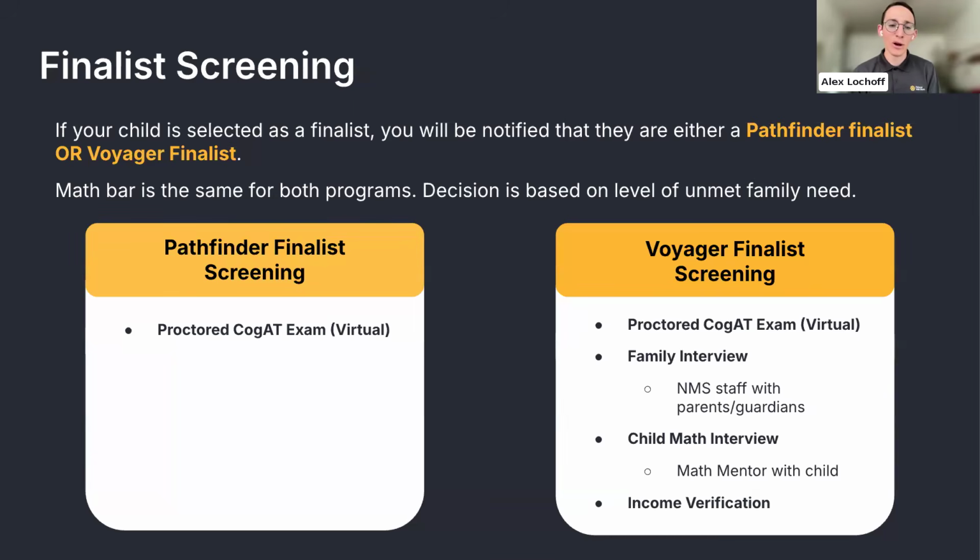We have a math interview where one of our math mentors will interview your child. And we have a formal income verification process. For both of these, all of the steps are 100% virtual and can be completed anywhere that you have access to a computer and internet connection.